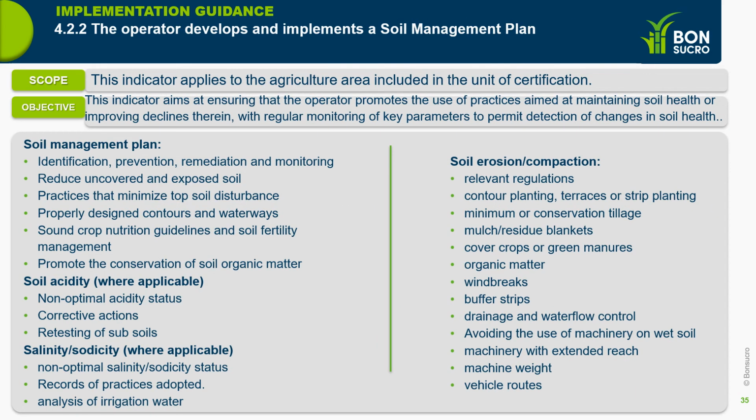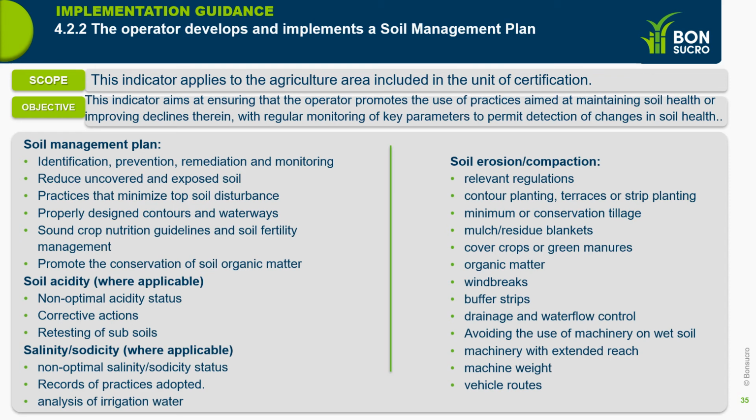So after identifying the soil management units, from the point of view of the implementation, the important thing is to identify what the risks of those management units are, what the practices are, and what indicators we will keep to show that the management plan is improving the quality of the soil.